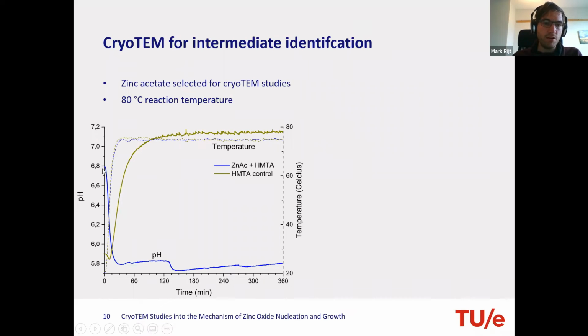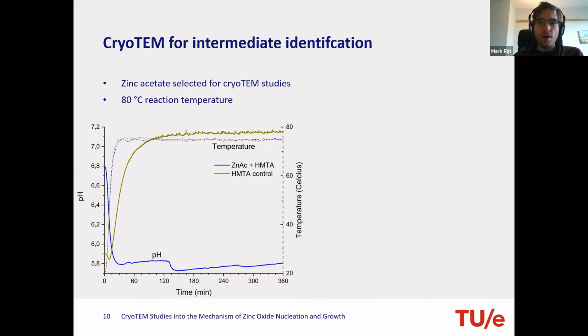That's at the beginning, where you go from 6.8 to 5.8, and after about 2 hours, where you go from 5.8 to 5.7. So we expect these to be the regions of most interest, and when taking samples, those are the regions we focus on most.